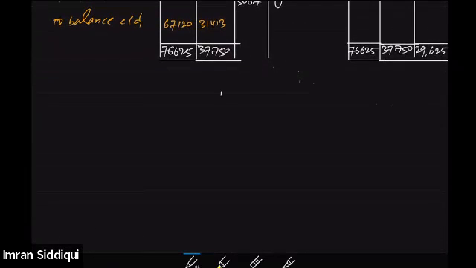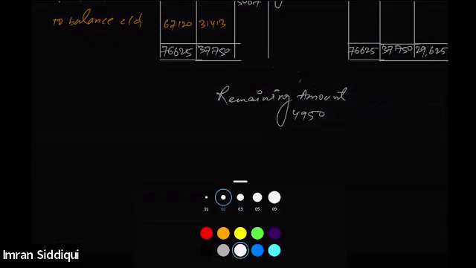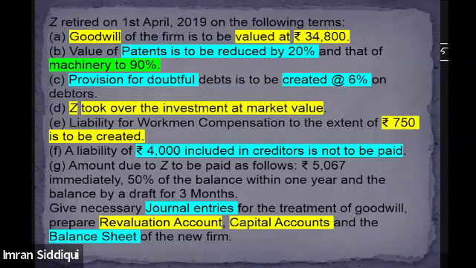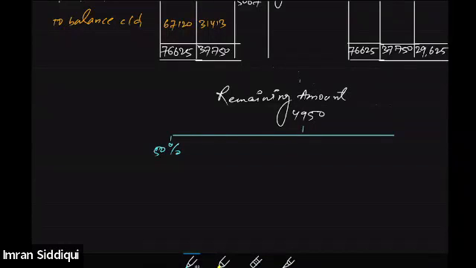Remaining amount is 4950. So 50% of the balance within 1 year means it will be considered as a loan from Z. So Z's loan account will be credited.